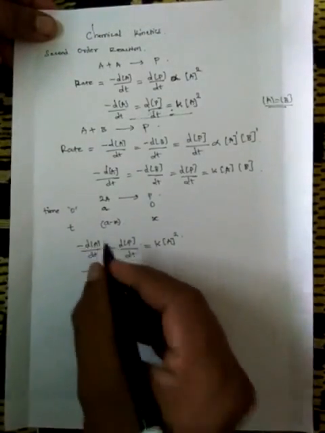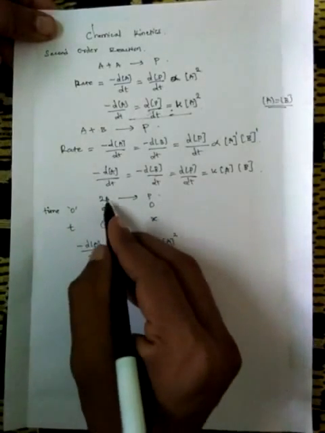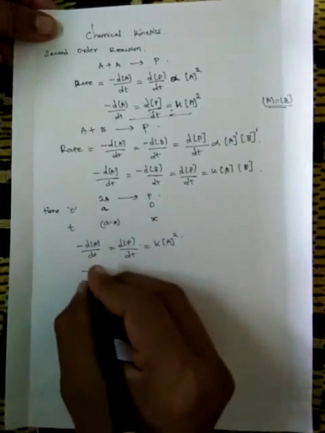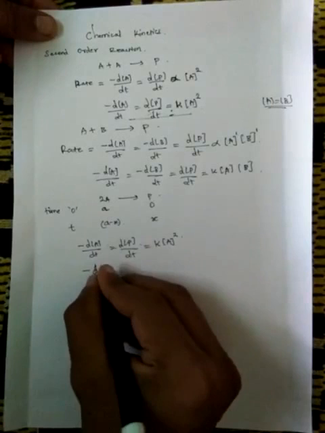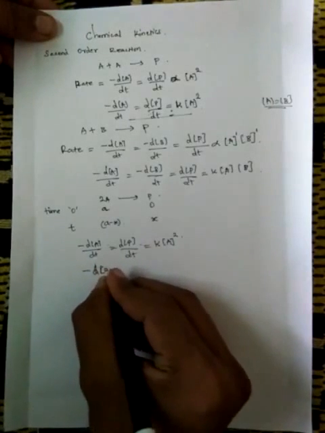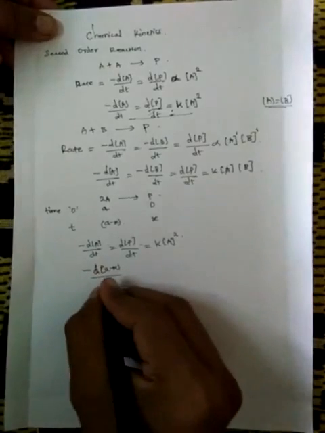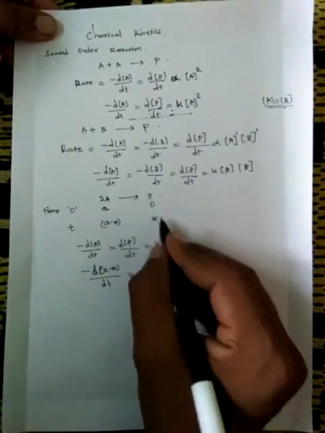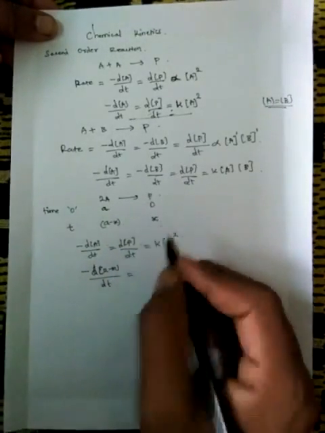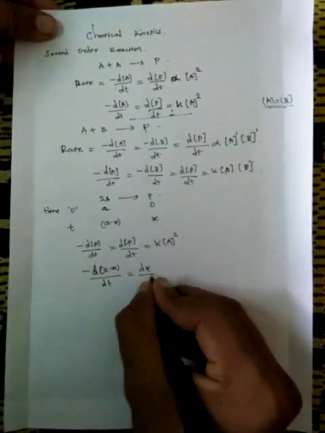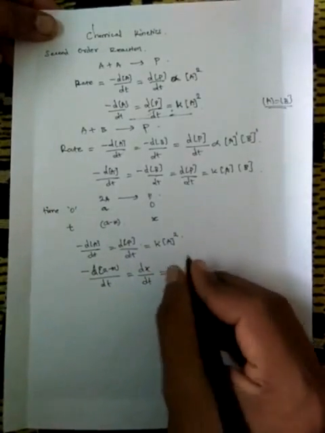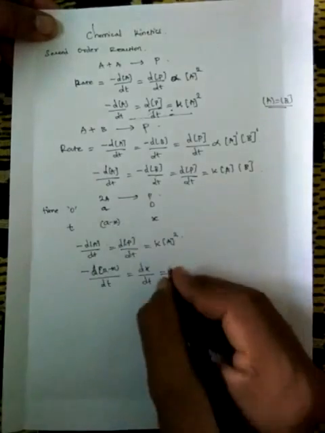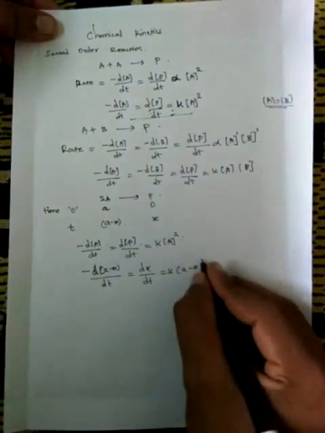At time t, the concentration of reactant is A minus X. So I'll write minus d(A minus X) by dt equal to, at time t, the concentration of product is X, so dx by dt equal to K. At time t the concentration of reactant A is A minus X whole square.